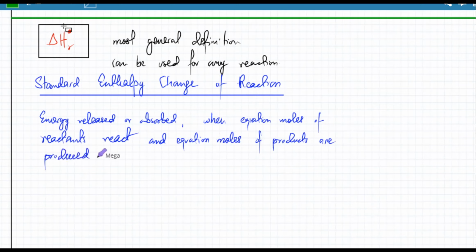And this is measured under standard conditions. Now, what does that mean?